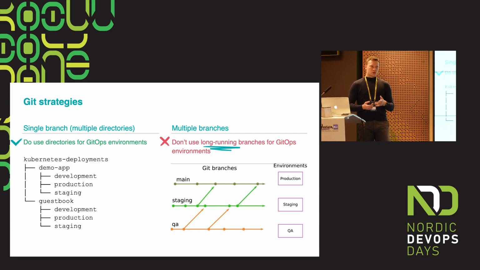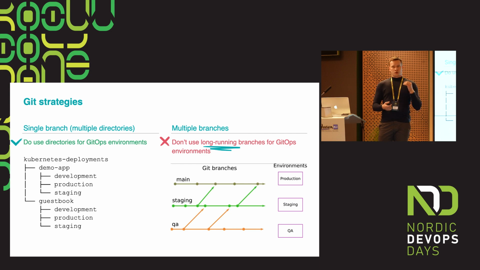The second strategy is multiple branches, where your environments are spread throughout branches. A single branch with multiple directories is a common use case and actually the preferred way, because you can easily track in which environments your application is deployed, and you can easily promote your applications between the environments.